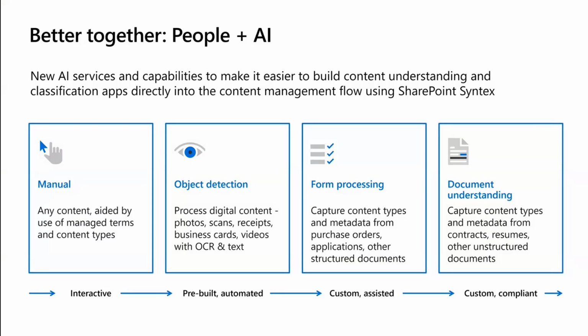The document understanding ones are built on some different technology. For those of you who are familiar with the work that we've been doing in the AI space, this is working off of the LUIS APIs. And this is more tightly integrated into SharePoint. This allows you to build models in a new site template called the Content Center. And I'll show you that in a second.